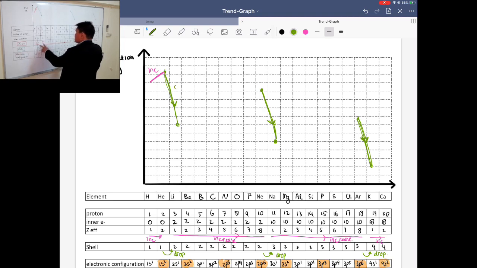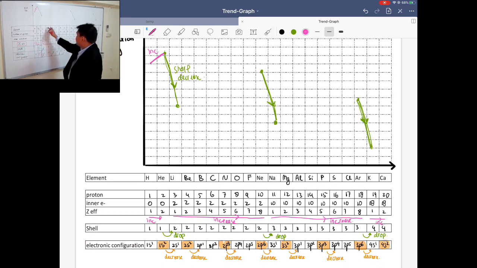Now, in the case of lithium to neon, you're going to draw the red arrow, but it will be a bit jagged. Stop until beryllium, so like this, and from boron to nitrogen, from oxygen to neon.